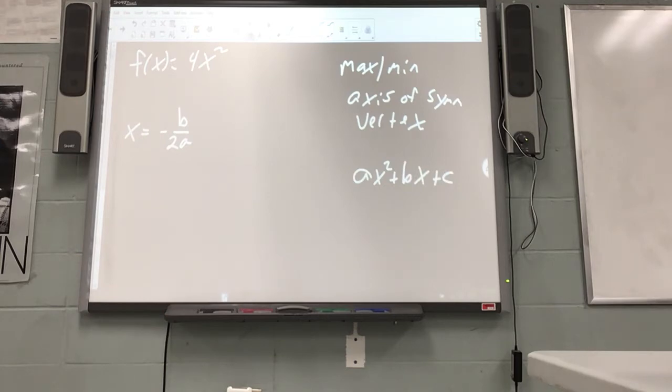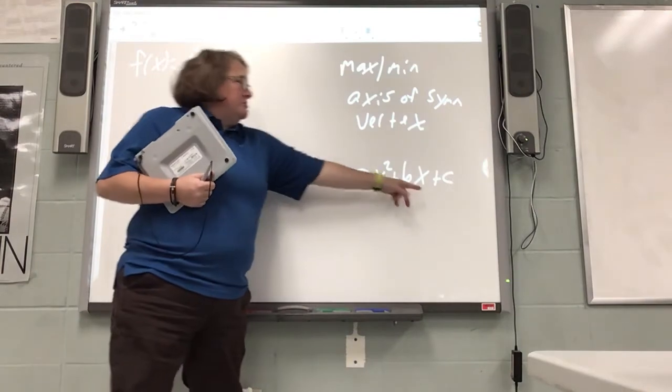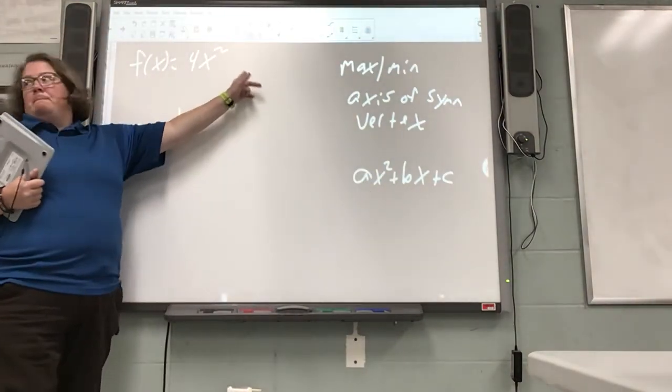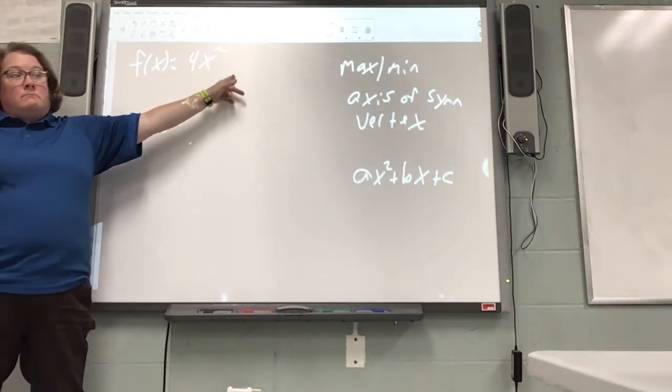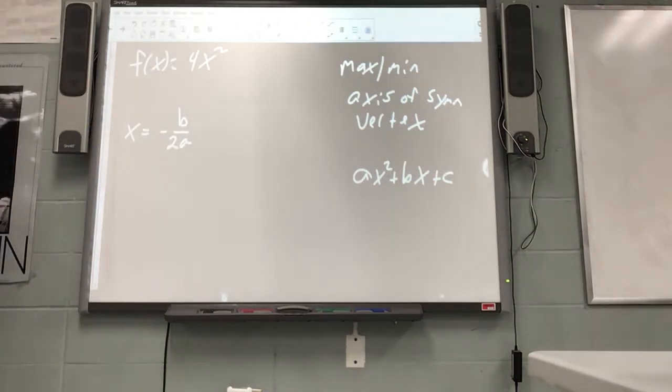So what is our b up here in this equation? It's not a trick. B is the number in front of our x to the first. So what do we have there? We don't have an x to the first. So our b is 0.